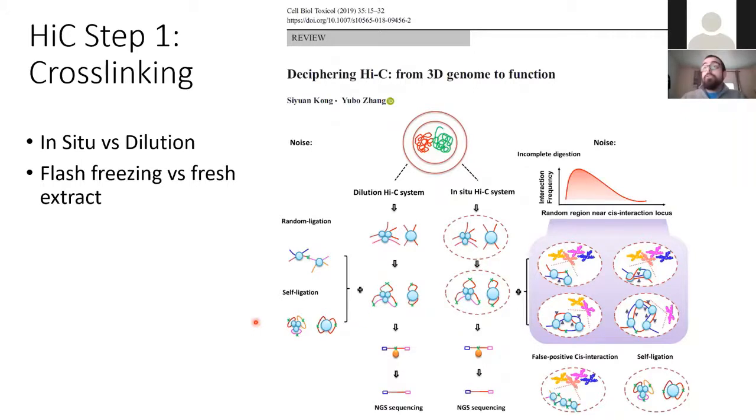And if you flash freeze your cells, as is done in most of the protocols, it already provides a shearing of the membrane to allow the enzymes to go in more easily. So if you don't do the flash freeze and use fresh extract, it's important to lyse your cells more to make sure that the enzymes can go in, because all the other steps are going to happen within the nucleus of your cells.